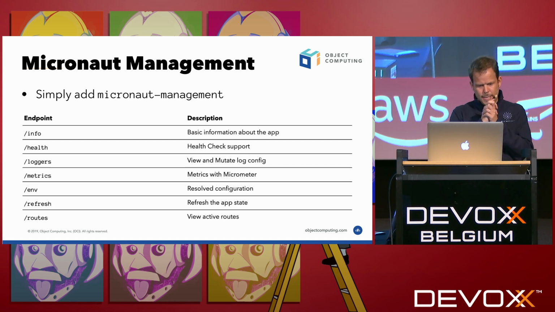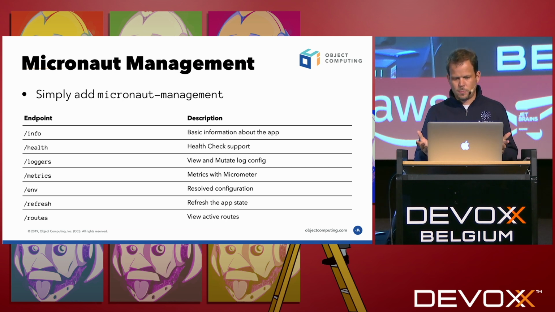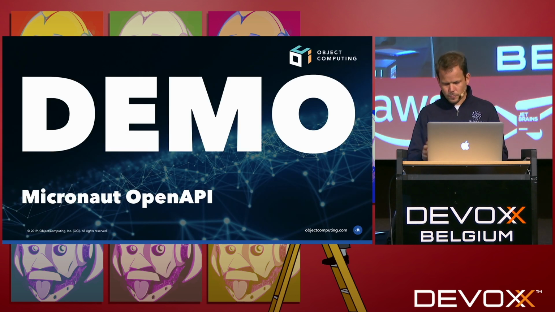And you can see the environment, you can refresh the application, see your active routes, and so forth. So it's a very flexible module, and you can write your own endpoints as well. And again, completely reflection-free, and also GraalVM native compatible.